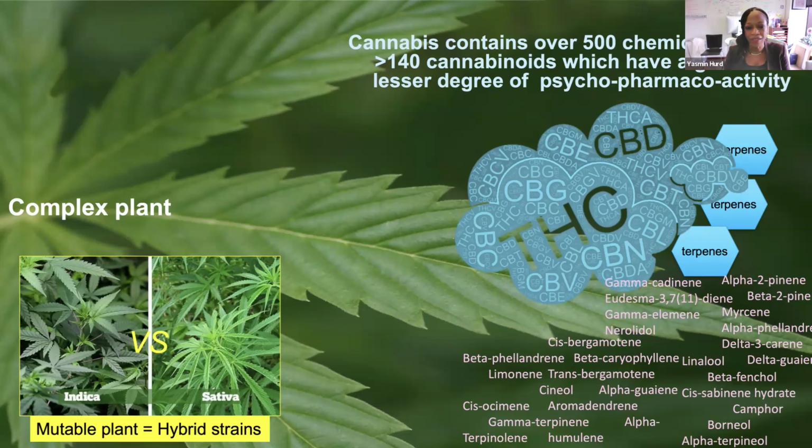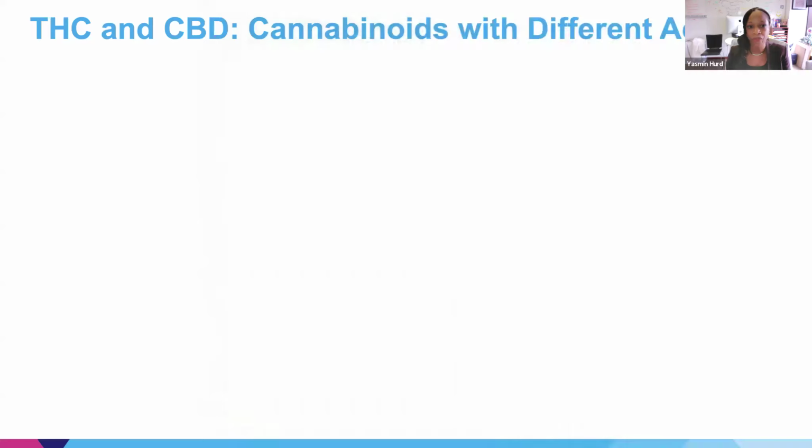So we are talking today not about the original indica and sativa plants, but really hybrid strains. And again, we don't know how a lot of the chemicals within these plants really impact the body. We talk about the two main cannabinoids, THC and CBD, and these have different actions.